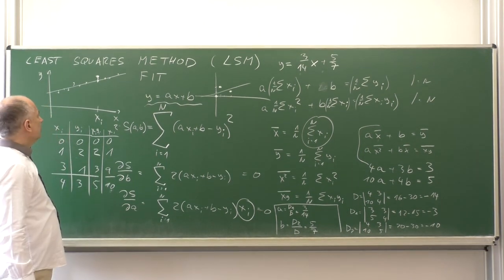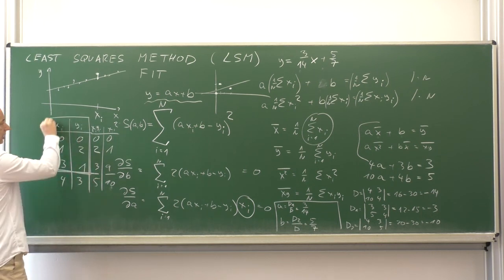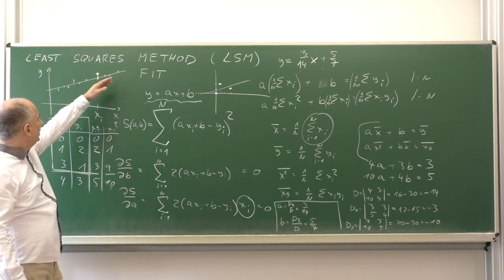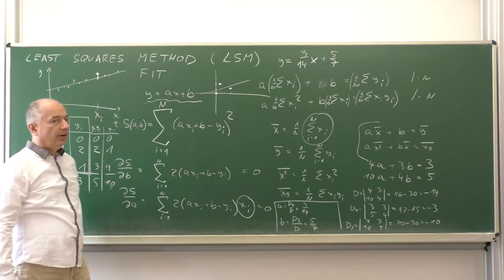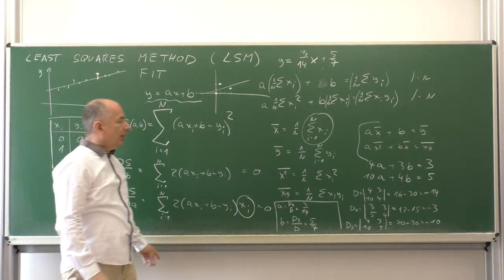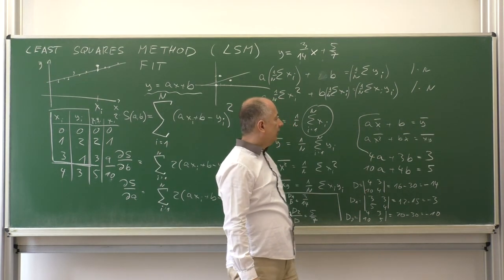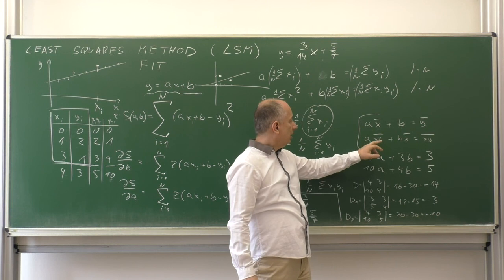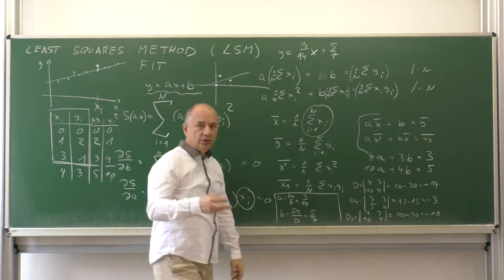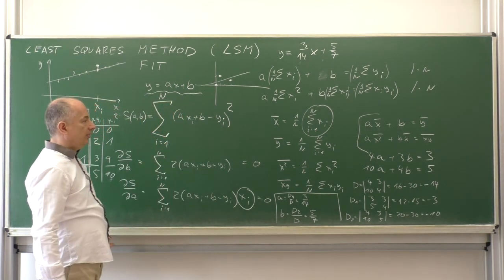Okay, let me repeat this once again. If we have a table of points, we can plot them in a plot, and we can consider a straight line going through these points, or close to these points. The practical computation looks like that. We have this system of equations where x bar, x square bar, y bar, and xy bar are the average values of x, or y, or x squared, or x times y.